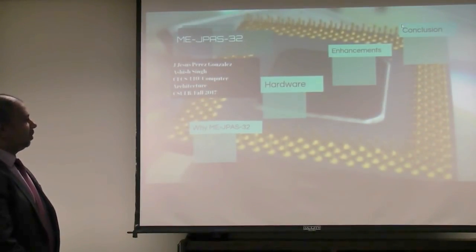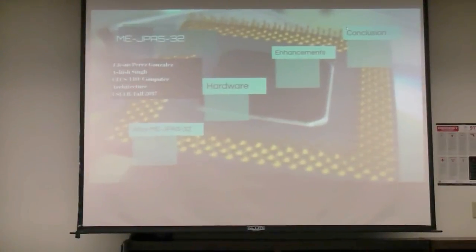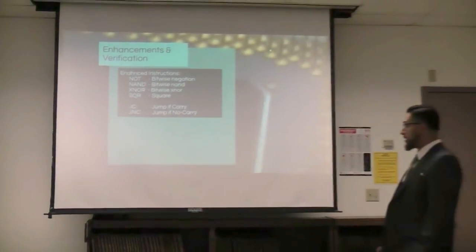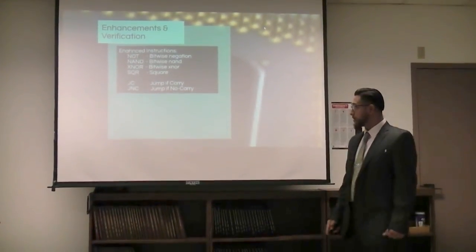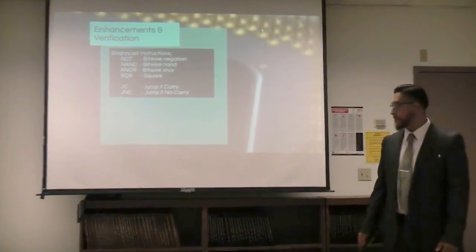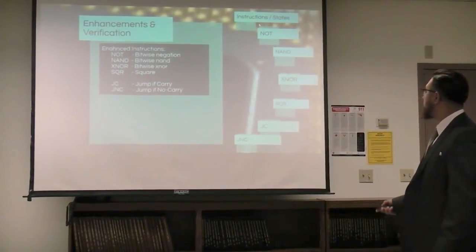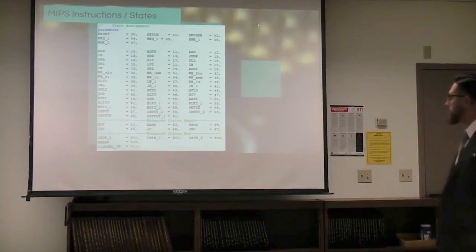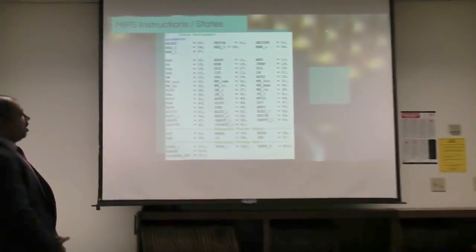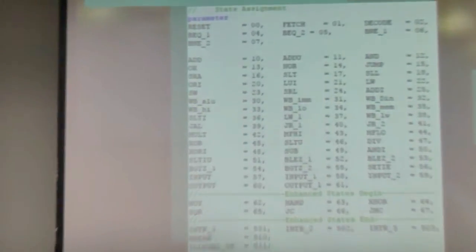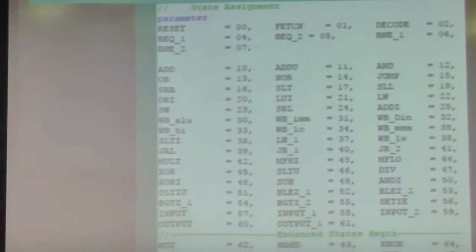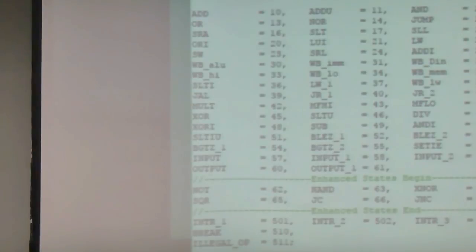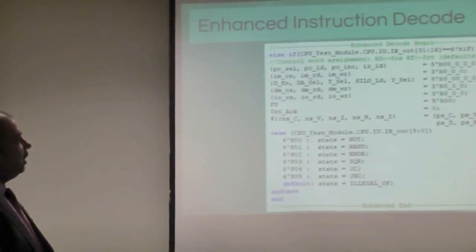We're now going to talk to you guys about our enhancements. As we mentioned before, we did a total of 6 enhanced instructions: NOT, NAND, XNOR, SQR, JC, and JNC. Our state machine wasn't very complicated. We only had 76 states in there because we were just using the base R-type instructions and some J. So we had a total of 76 states.